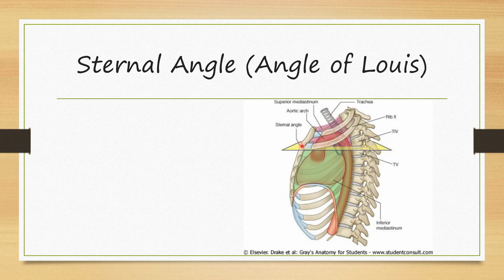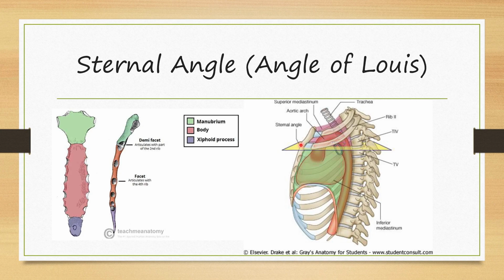Now let's talk about the sternal angle, or the angle of Louis. The sternal angle is right here. Before I continue, there are three things that you need to know. The sternum is separated into three parts: manubrium, body, and xiphoid process. The angle of Louis, or the sternal angle, is where there is an imaginary plane that we drew here.